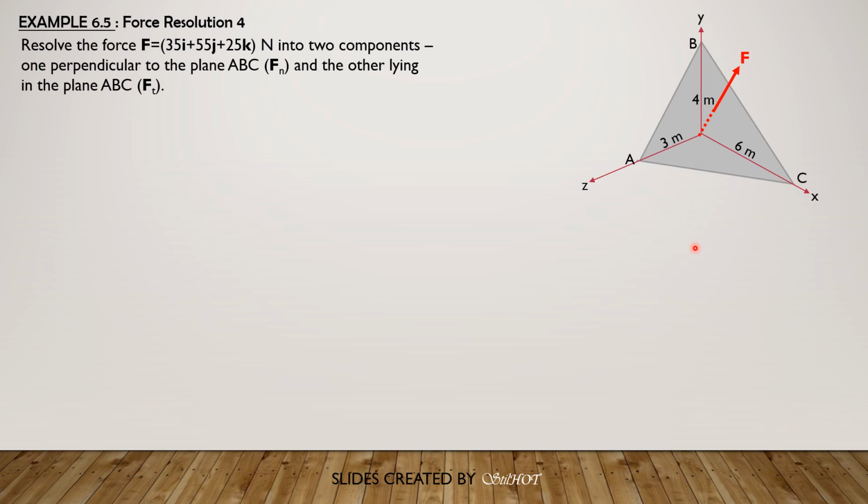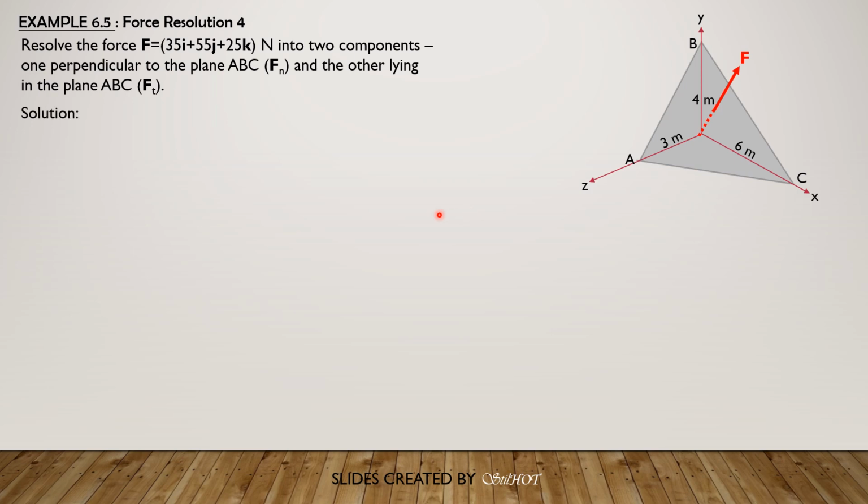Before we can express F into components perpendicular and tangential to the plane ABC, we must define a vector perpendicular to ABC. That vector should be almost in the same direction as F. So we should cross vector AC with AB.